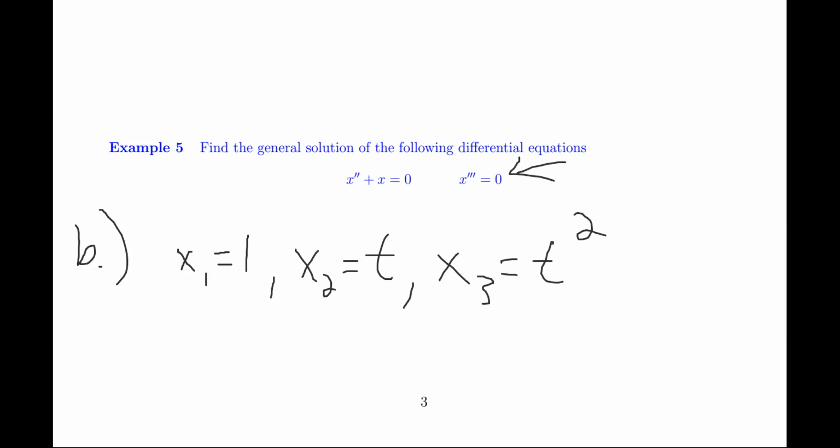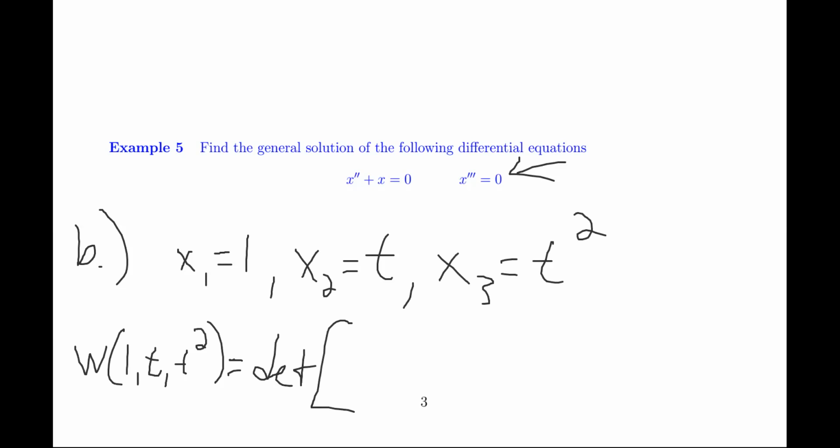Then notice that the Wronskian of those functions is the determinant of the matrix. To get the next row, we need to take the derivative here. So the derivative of 1 is 0, the derivative of t is 1, the derivative of t squared is 2t. And the third row is the derivative of the previous row. So we get 0, 0, 2.